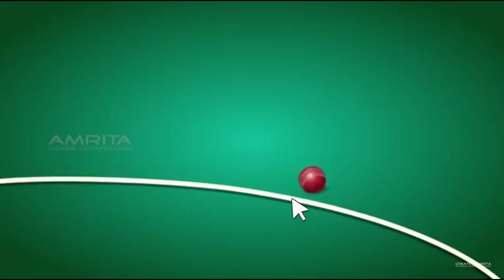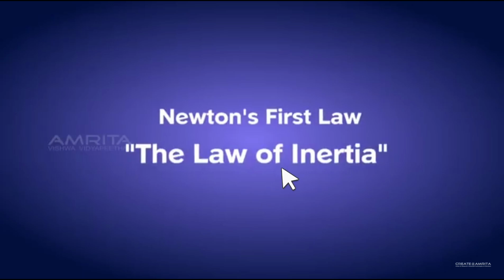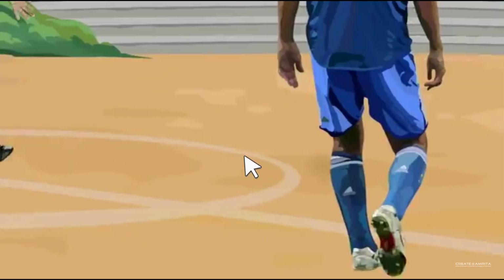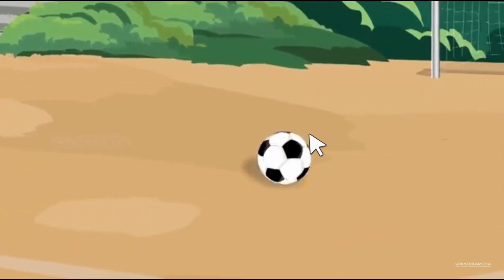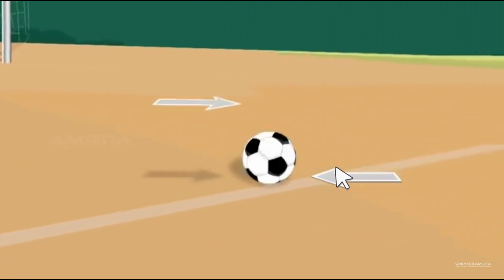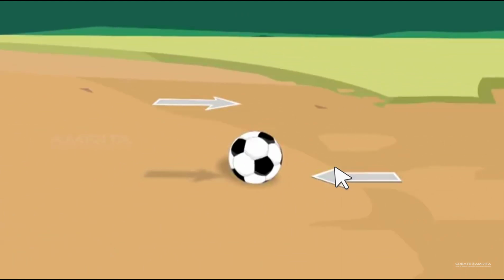Same thing over here, you can see the ball rolling. It will continue to go at its speed. It will resist change in motion. So, Newton's first law is also called the law of inertia. See how in kicking a football, it keeps on moving, but after some time it will not go on moving eternally.